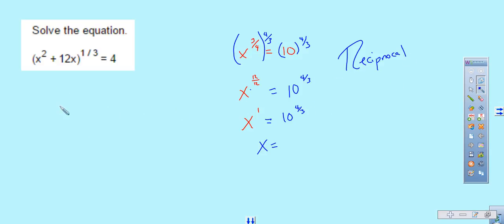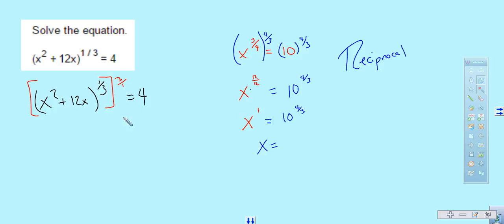So when I come over to this one, I have x squared plus 12x, raised to the 1/3 power, is equal to 4. In this case, I'm going to raise this entire thing to the 3/1, the reciprocal of 1/3. So my 3's cancel, my 1's cancel.